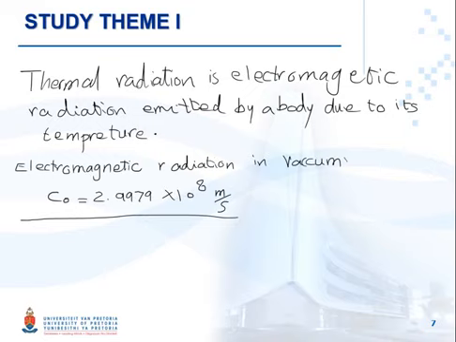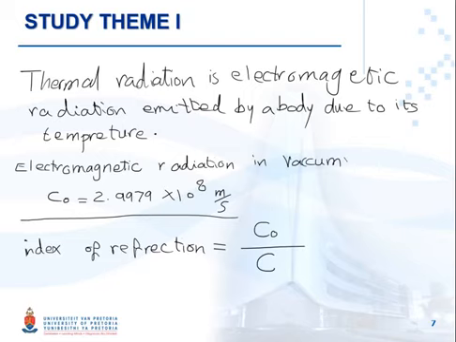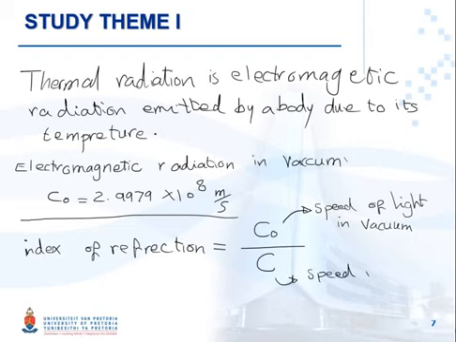In order to sort the problem out, we define one index called the index of refraction. How do we define it? C0, which is the speed of light in vacuum, to C, which is the speed of light in the medium.